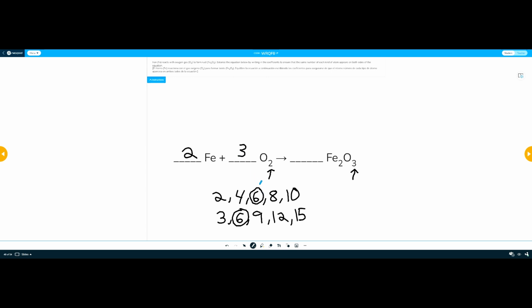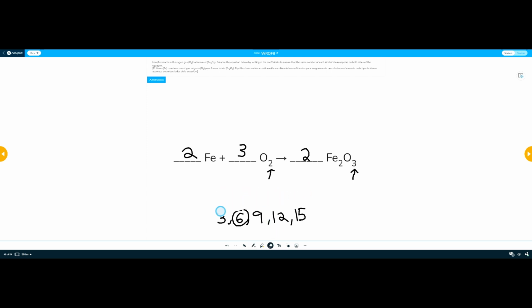So let's put the number 3 as a coefficient for our oxygen. Let's go ahead and do the same thing for our oxygen on the right. 3 times 2. Great.